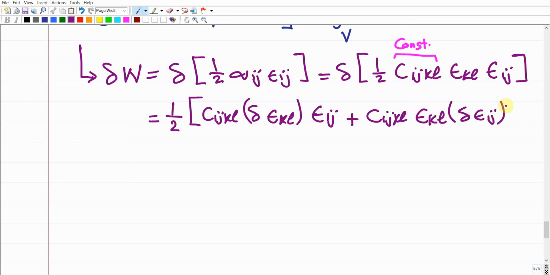This is the first variation, distributed between the two strain tensors.